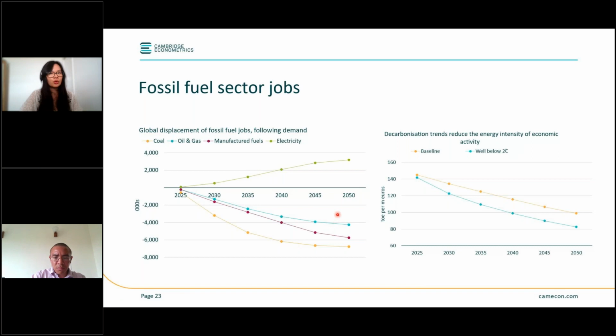Something that is also worth noting here is that the increase in electricity jobs is smaller than the combined reduction in jobs in the fossil fuel sectors, and this basically implies that each job in the low carbon economy corresponds to a lower average level of energy consumption, which we can relate to the more rapidly declining energy intensity of the overall economy.